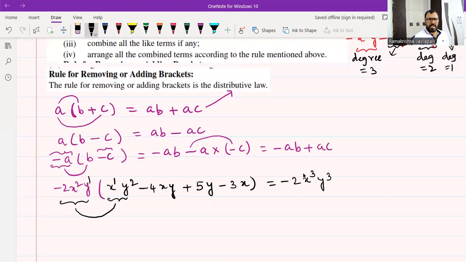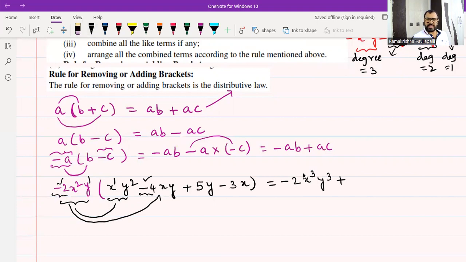Done. Now multiplying with the second one. Here minus sign is there. Here minus sign is there. Minus of minus becomes plus. Plus x square into x is nothing but x cube. Of course, you have to multiply the constants. Here minus 2 we have, minus 4 we have, okay.